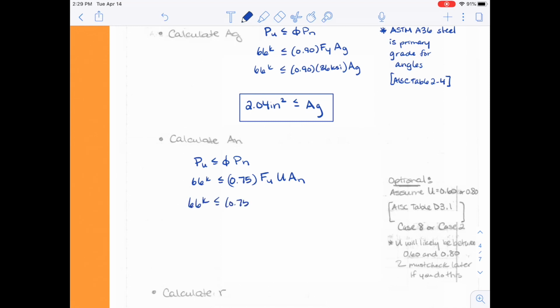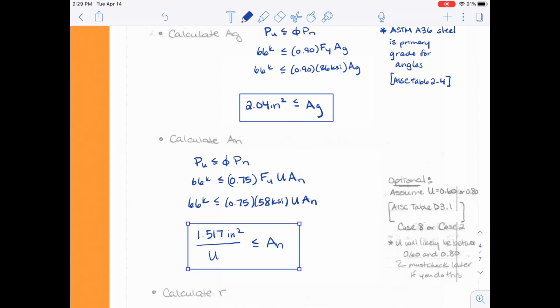So we can go ahead and continue the calculations. F sub u for grade A36 steel will be 58 ksi. And then we have U times An. Working through the math, we get that 1.517 inches squared divided by U has to be less than or equal to our net section area.